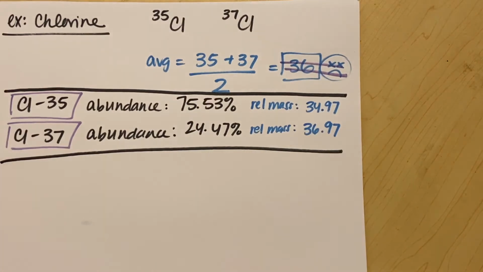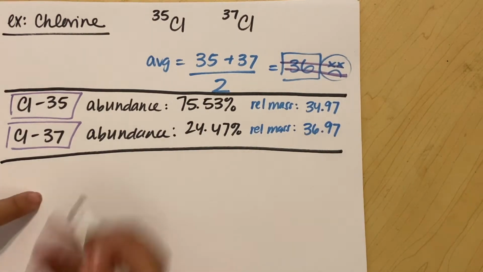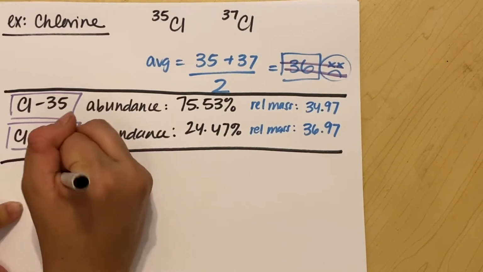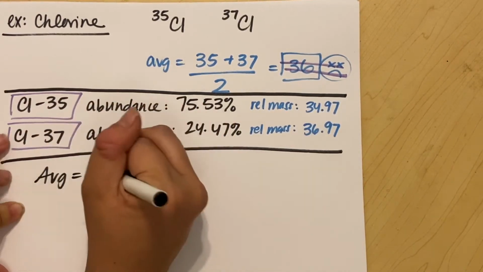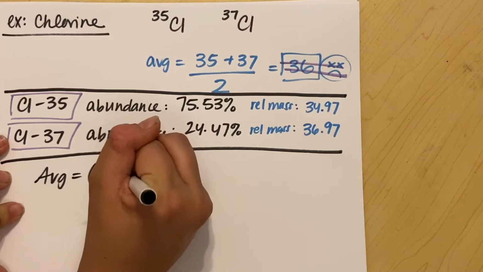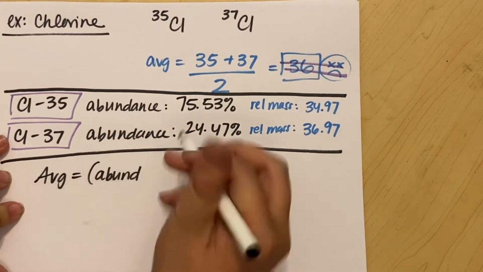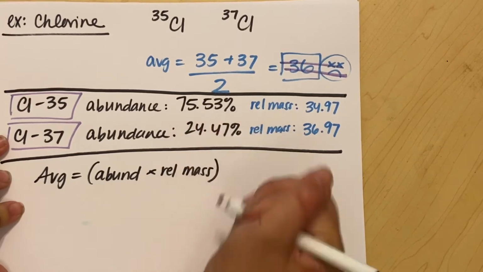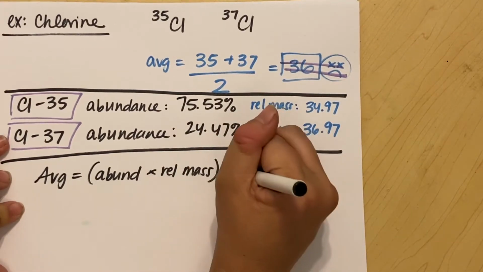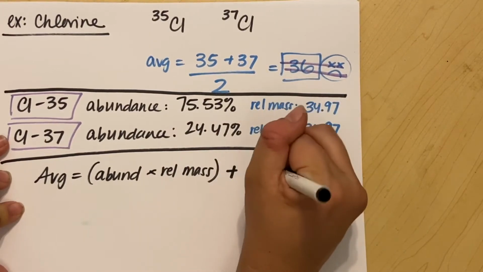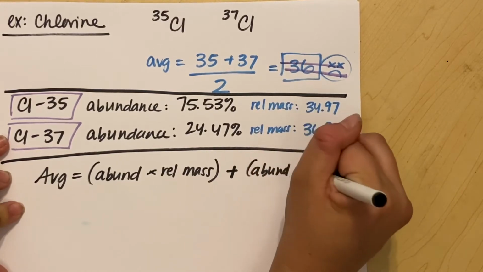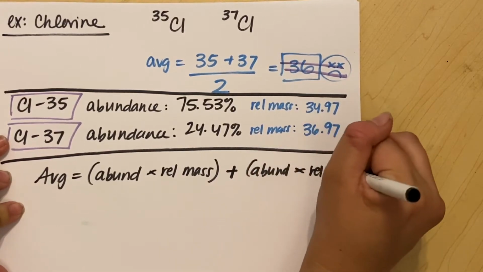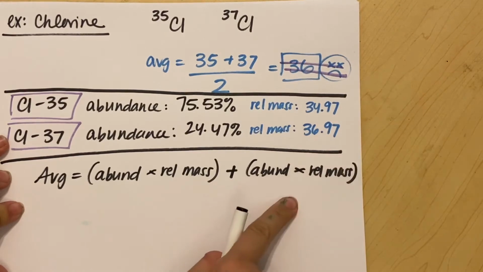The way we calculate average atomic mass is that you take the abundance. Let's write this out. Average atomic mass is going to equal the abundance as a decimal times the relative mass of isotope number 1, plus the abundance times the relative mass of isotope number 2.